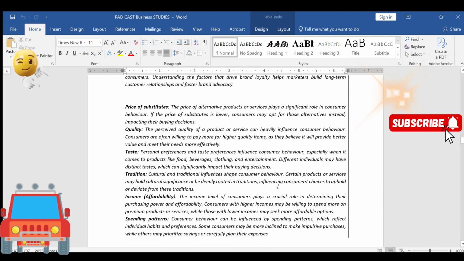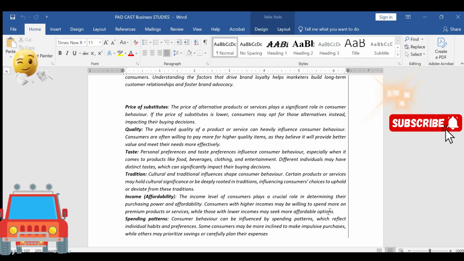Price of substitutes. The price of alternate products or services plays a significant role in consumer behavior. If the price of substitutes is low, consumers may opt for those alternatives instead, impacting their buying decisions.